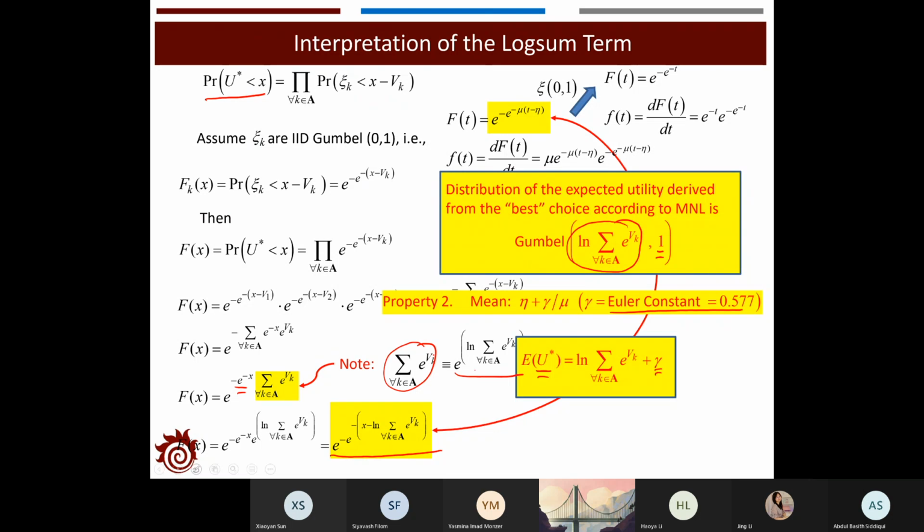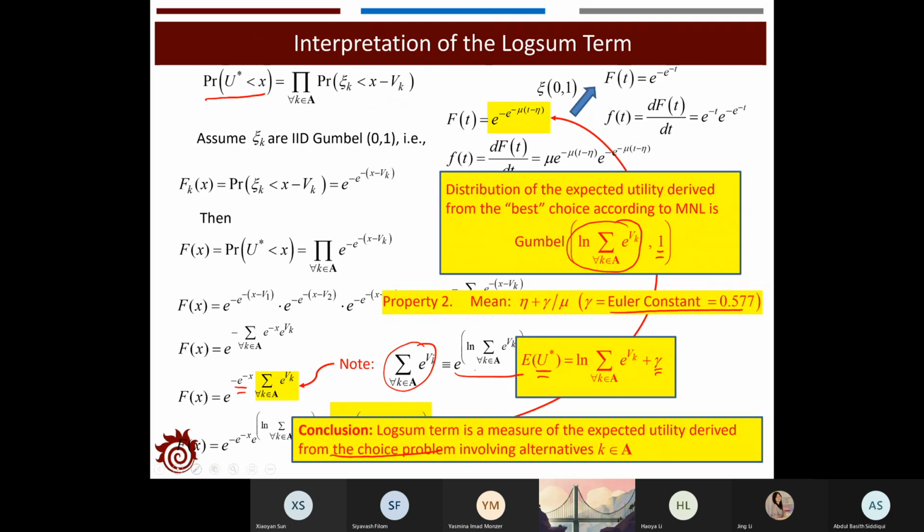We can see that the log sum term measures the expected utility derived from the choice set with a set of alternatives. It just measures the expected value, the expected utility of this choice set or this choice problem.